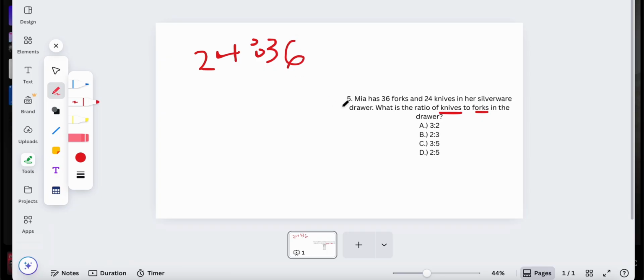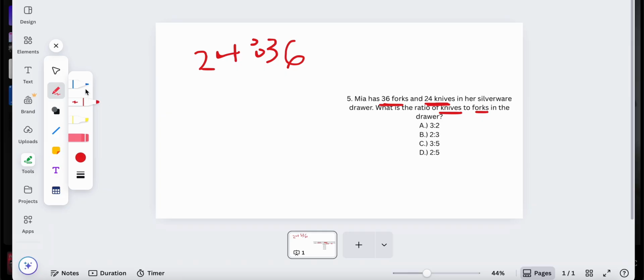They're asking for the ratio. Now, what is a ratio, in actual definition, you might ask. Well, remember, it's almost like division, but they're asking for the quantity relationship between two amounts. Here's one amount, and here's another amount. So here, they're asking for 24 knives.